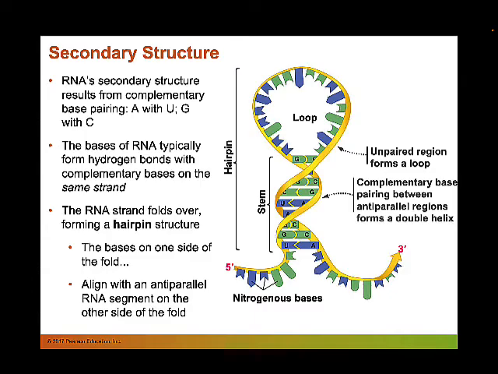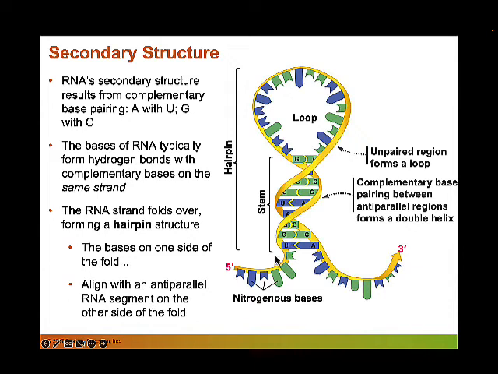And the secondary structure also differs compared to DNA. So RNA does form a secondary structure that results from complementary base pairing, so A with U and G with C. The difference is that RNA usually forms this structure called a hairpin.